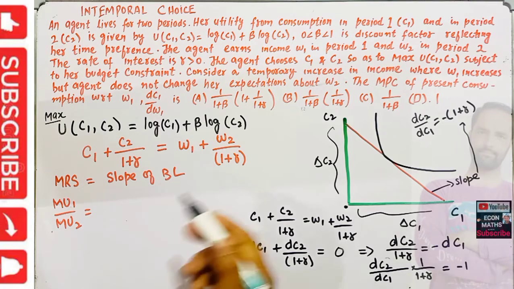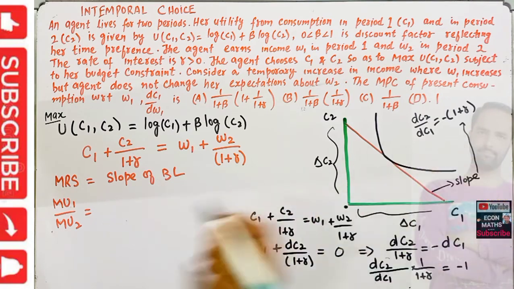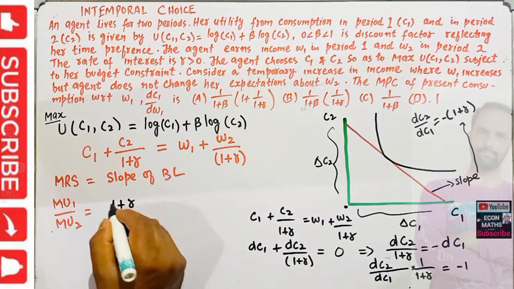So our slope of the budget line has come out to be 1 plus R in absolute terms.